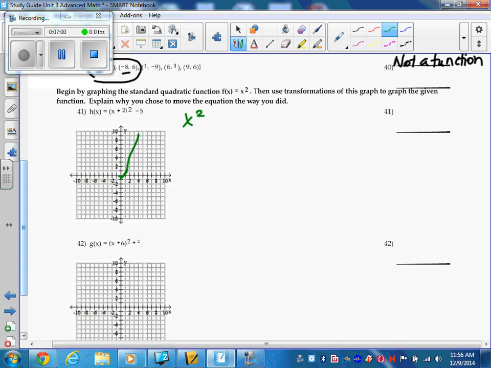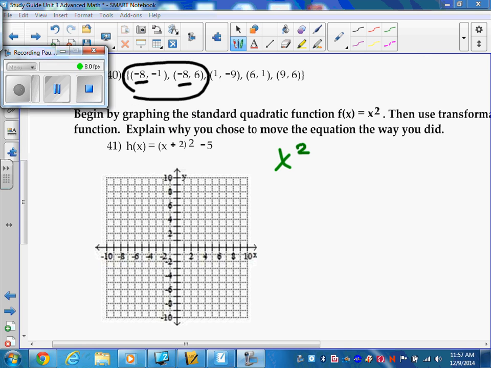This is a parabola, and there is a parabola on this side as well. I was having a little trouble getting my dots in the right places, so I wanted you to see: at 2 it's 4, at 3 it's 9, at negative 1 it's 1, at negative 2 it's 4, at negative 3 it's 9. So here is my parent graph, and that looks like this.